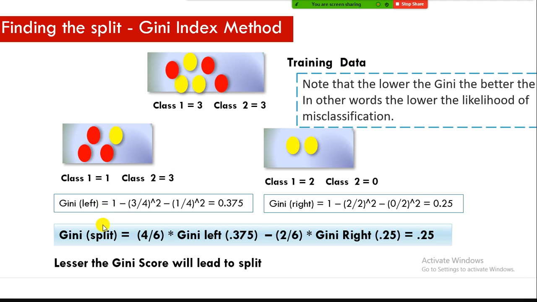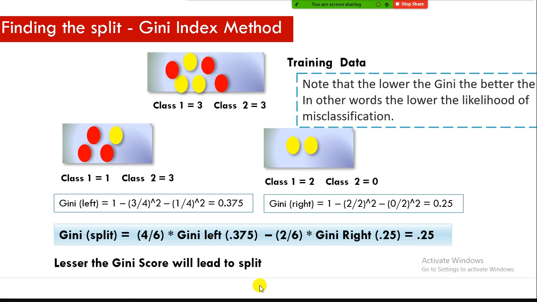First, we computed the Gini impurity. This value gives you the impurity. And finally, you need to find the weighted average for the Gini. So 4 out of 6 into this value and 2 out of 6 into this value gives me the weighted average for the Gini.